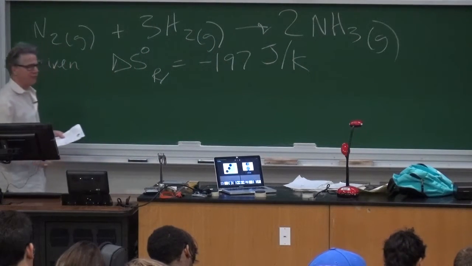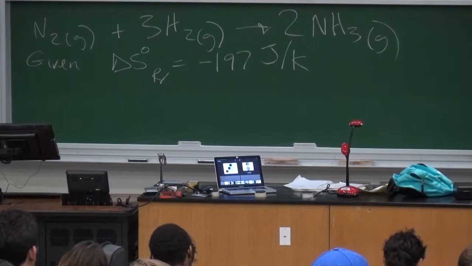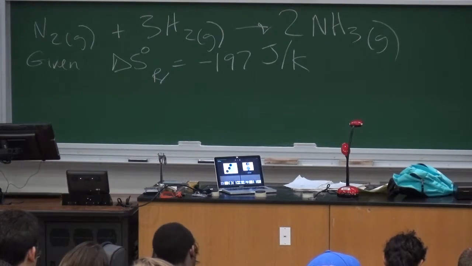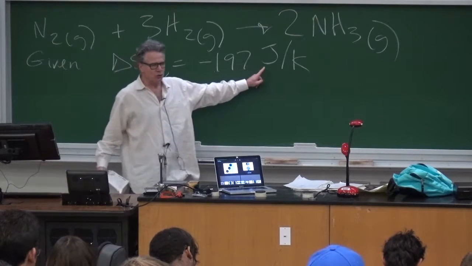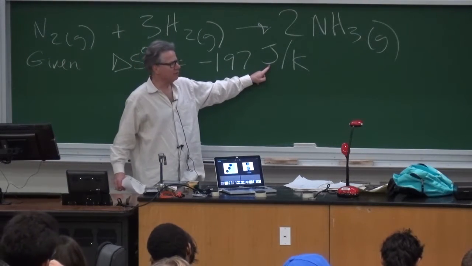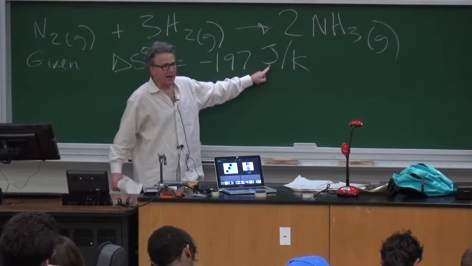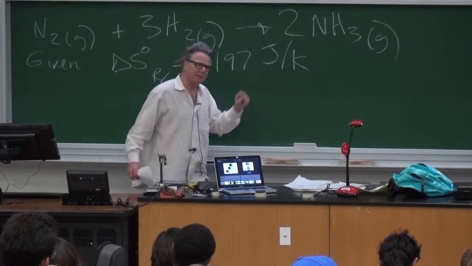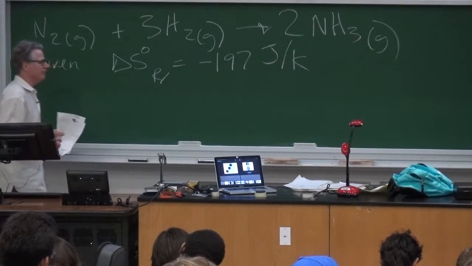This is the first time we've introduced the units for entropy. Entropy is an energy-related term. How do I know that? Because joules is the numerator. But it has these interesting units of joules divided by the temperature in Kelvin.